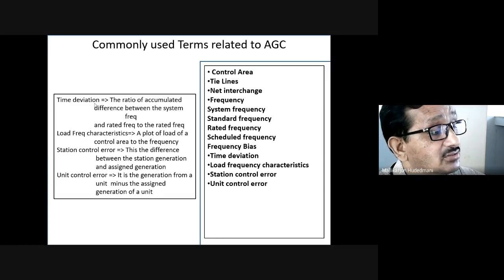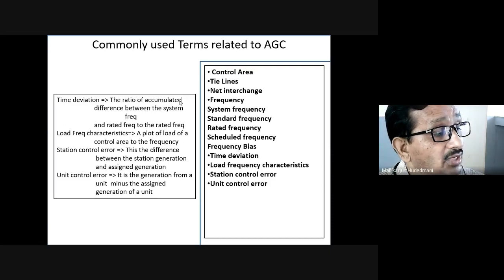Time deviation is the ratio of the accumulated difference between the system frequency and the rated frequency to the rated frequency.